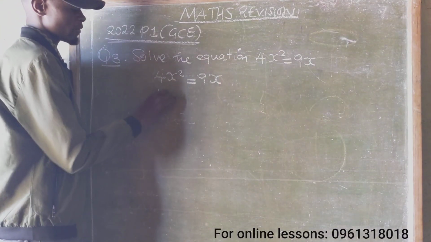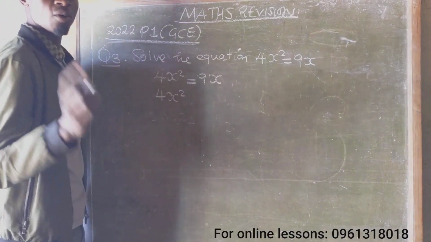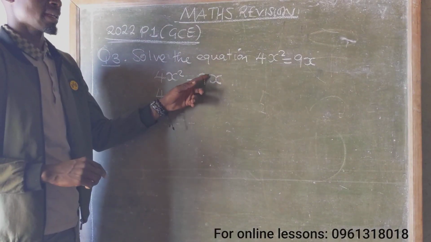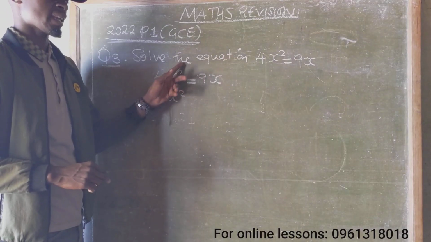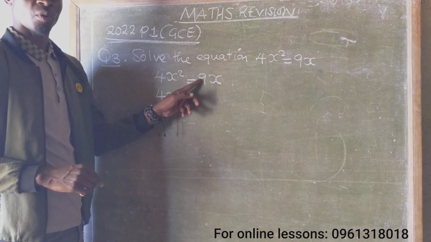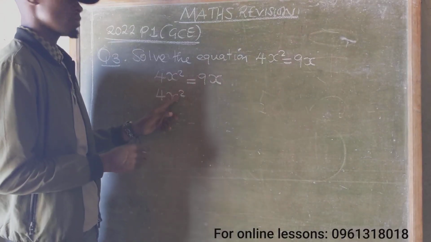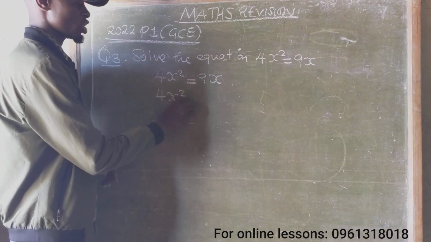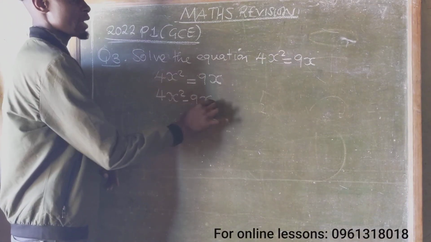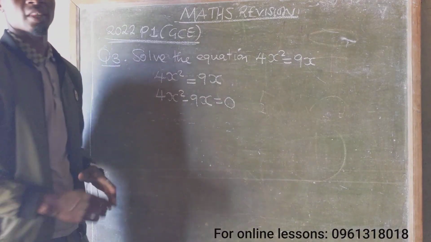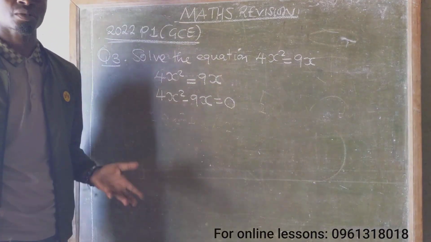So we're going to have 4x squared. How are we going to equate this equation to 0? Meaning this 9x is going to cross the equal sign and come this side. Here it's positive, but when it crosses the equal sign and comes here, it will change into negative 9x equal to 0. That's what we meant by equating to 0.